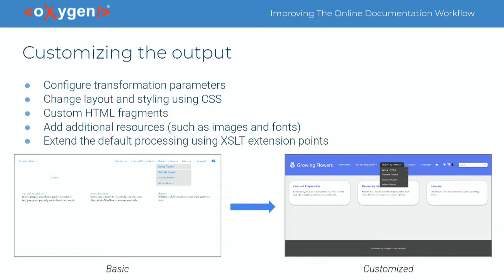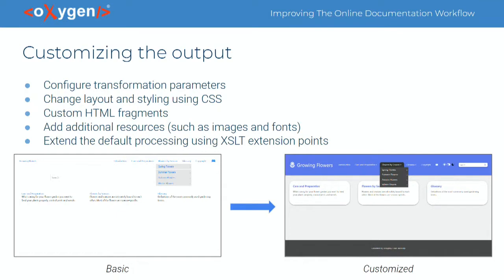The main customization methods that you can use are the following. You can use a basic customization method by configuring several transformation parameters to choose which component will be displayed or which component will be included in your output.